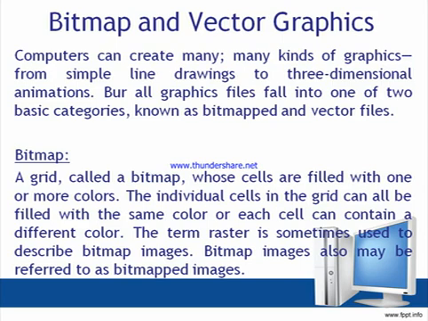A grid called a bitmap whose cells are filled with one or more colors. The individual cells in the grid can all be filled with the same color, or each cell can contain a different color. The term raster is sometimes used to describe bitmap images. Bitmap images also may be referred to as bitmapped images.